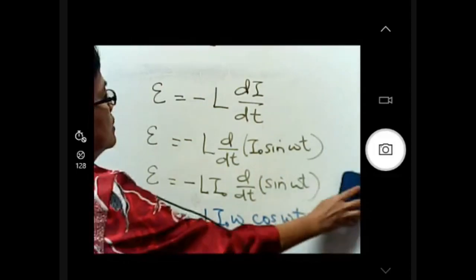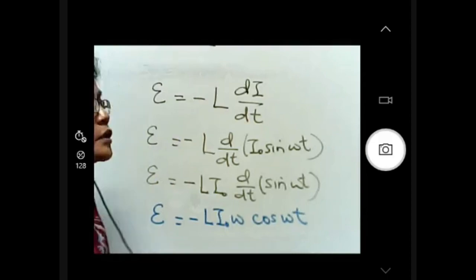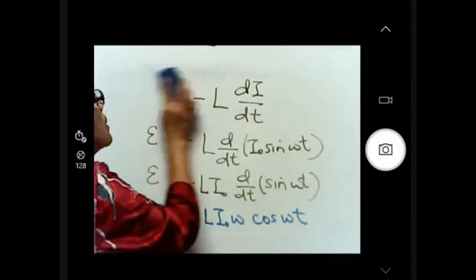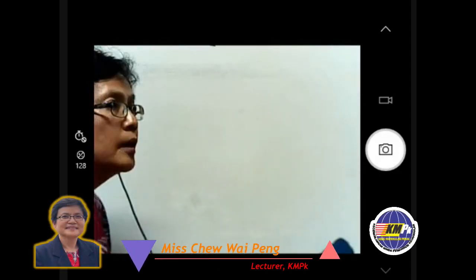Okay. So we know that the voltage across the inductor is always opposing the change that produces the induced EMF.